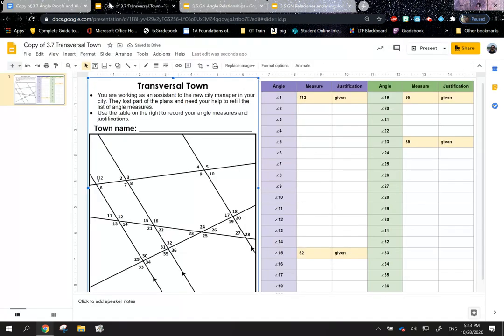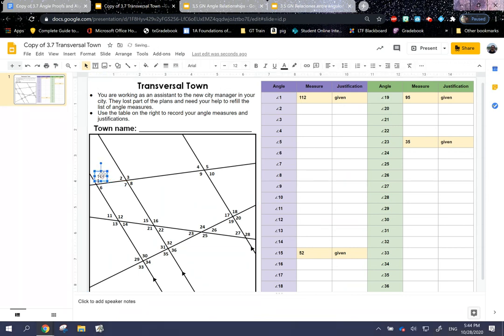So for example, the easiest way to start this would be to find the angles around the 112. Well, if you look at angle 6, angle 1 and angle 6 are adjacent to each other. They're right next to each other. And they have that straight line here, right?